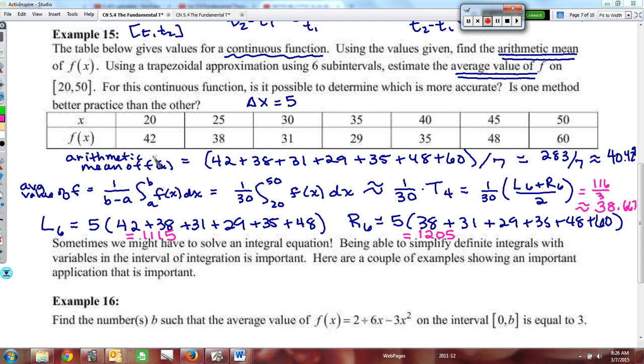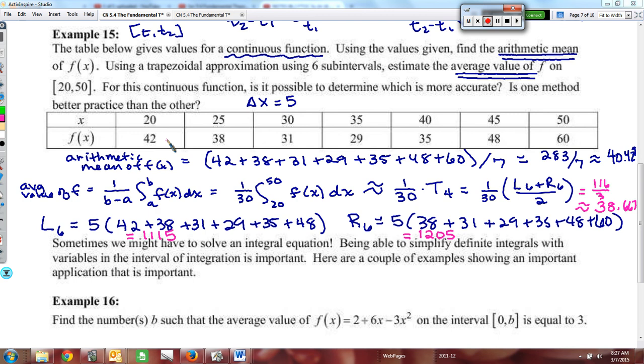The arithmetic mean, when we're trying to use that to estimate what the average of the function is, we're only using these individual values in order to calculate it. All we're doing is adding up basically 7 of the infinitely many values that you have. And so that's maybe not a great estimate. Depends on which values you pick.